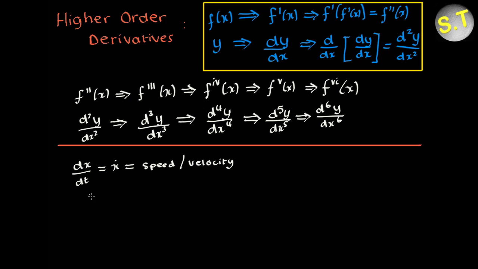And then if we take the next derivative, so d x dot with respect to time is given by x double dot, which is the change of velocity with respect to time, which is known as the acceleration of an object.